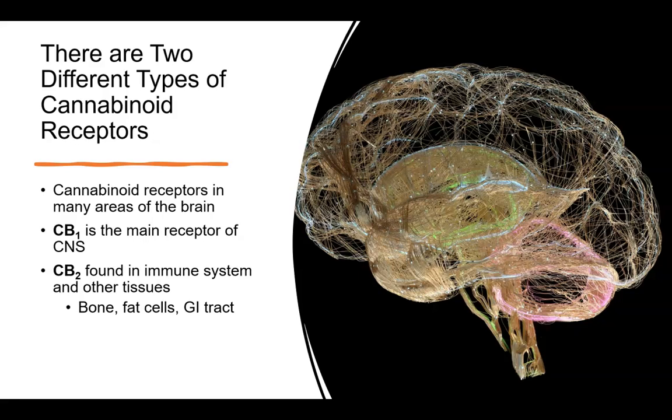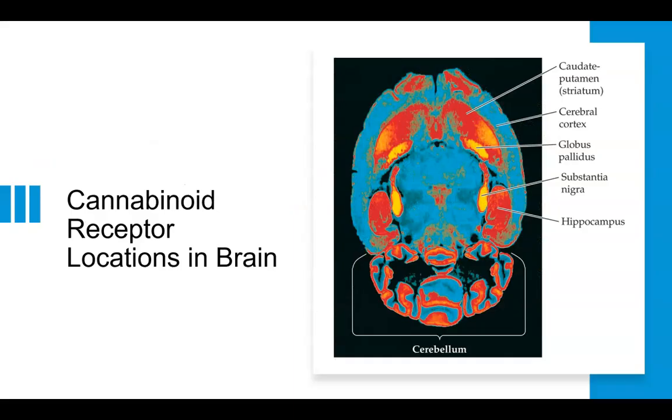Additionally, you can find CB2 receptors in the microglia, especially in cases where inflammation of the brain is occurring. Here you can see the location of some of those cannabinoid receptors. Yellow is where we find the largest concentration, followed by orange, then red, followed by blue.